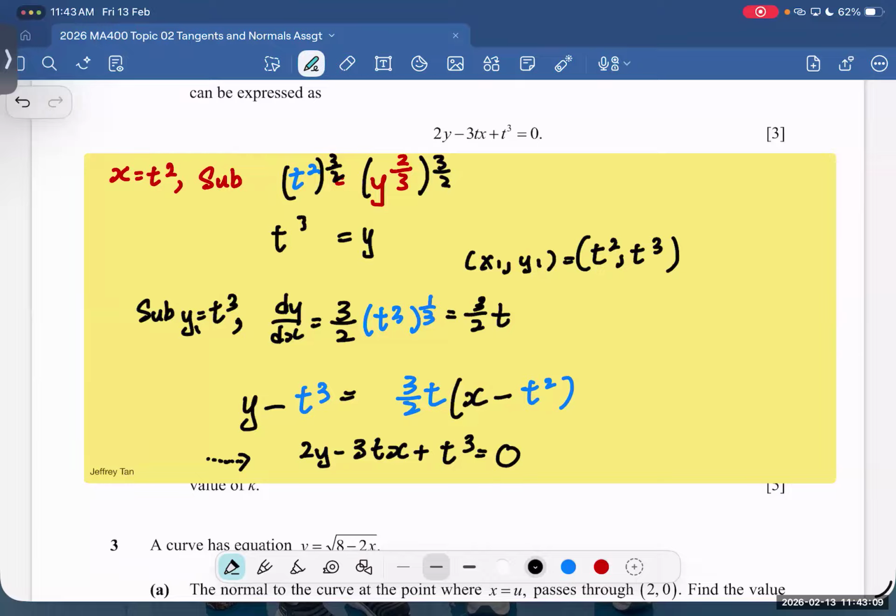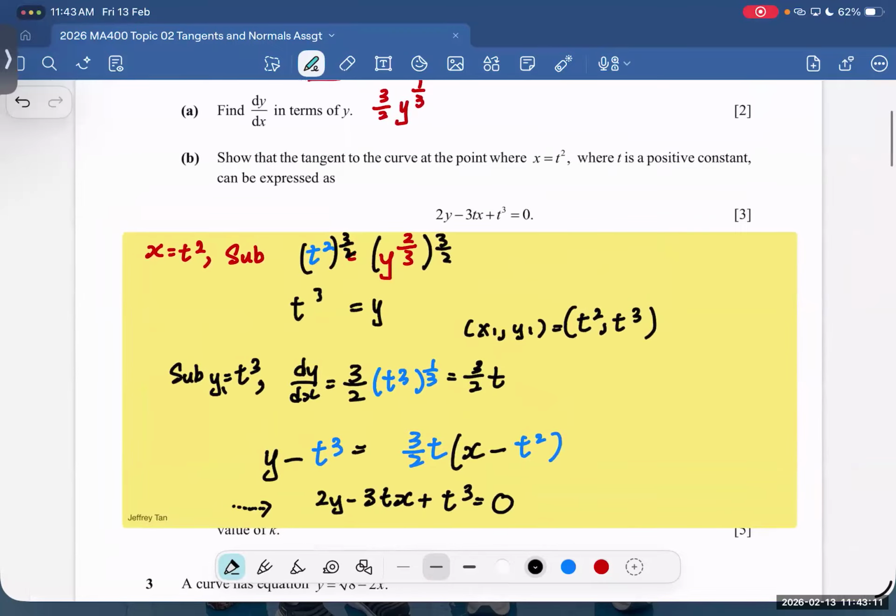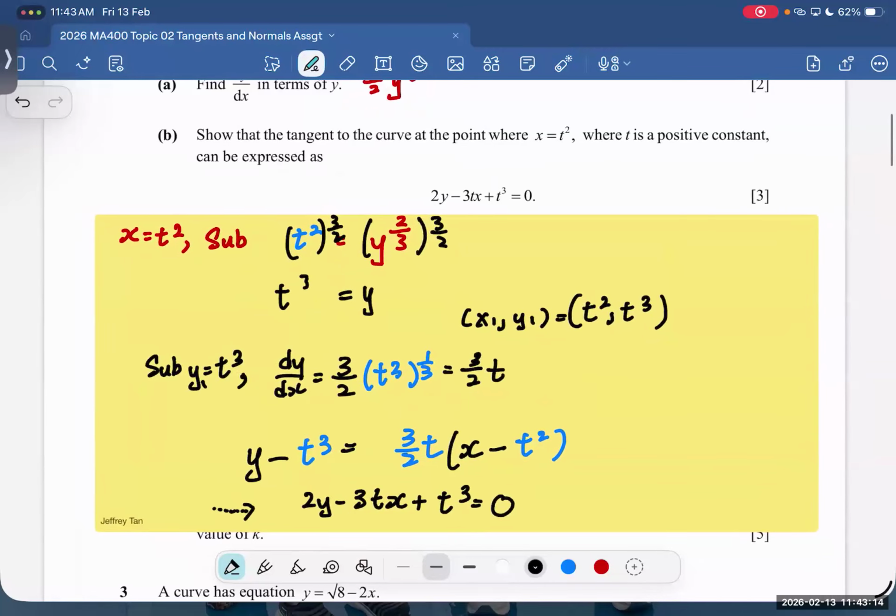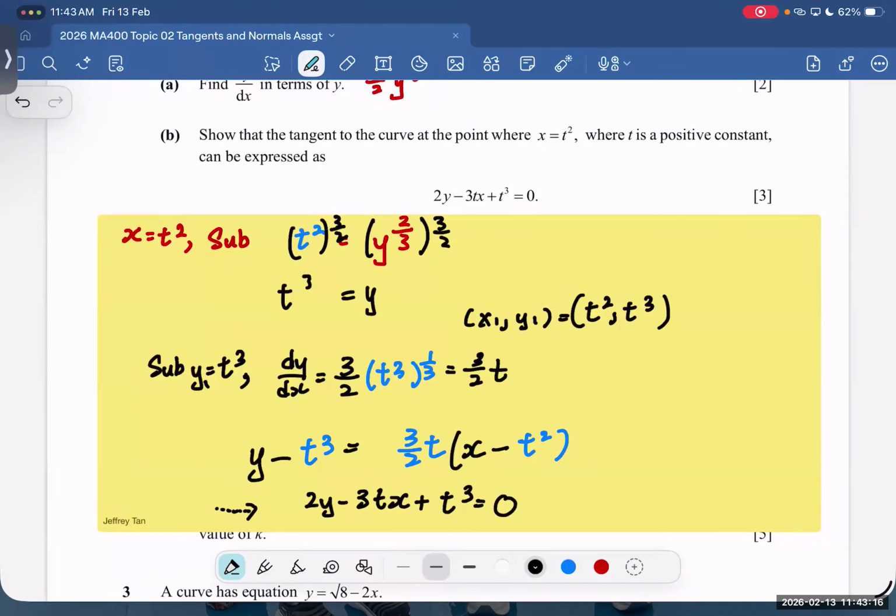Okay, so this is for 1b. A very unorthodox question where your dy dx is in terms of y. But with all the little twists and turns and curveballs, if you are able to get the equation, well done. Good for you. dy dx is not the same as dx dy.